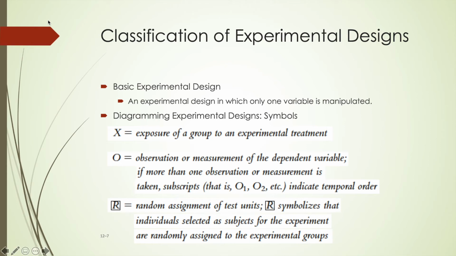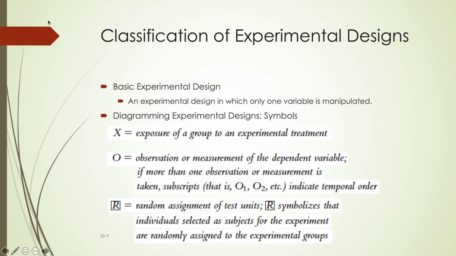Now, when we design experiments, we want to be able to do several things. And you see here some formulas that the authors have provided us. One is the basic experimental design, where you have one treatment, one independent variable and one dependent variable. X would be a representation of the treatment itself, the experimental treatment, which would be the independent variable.